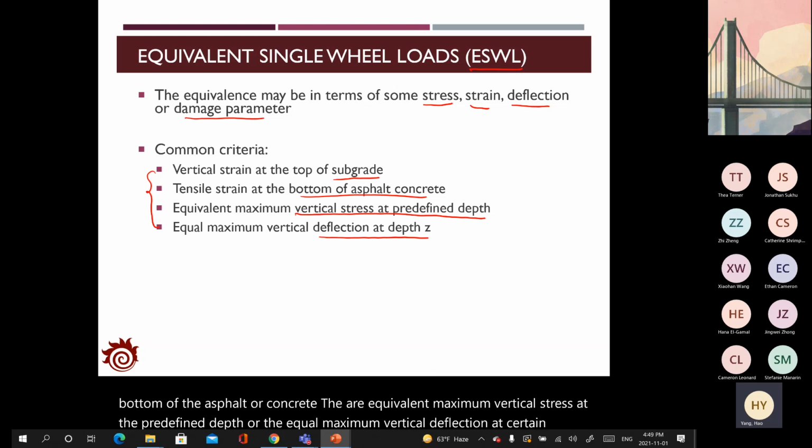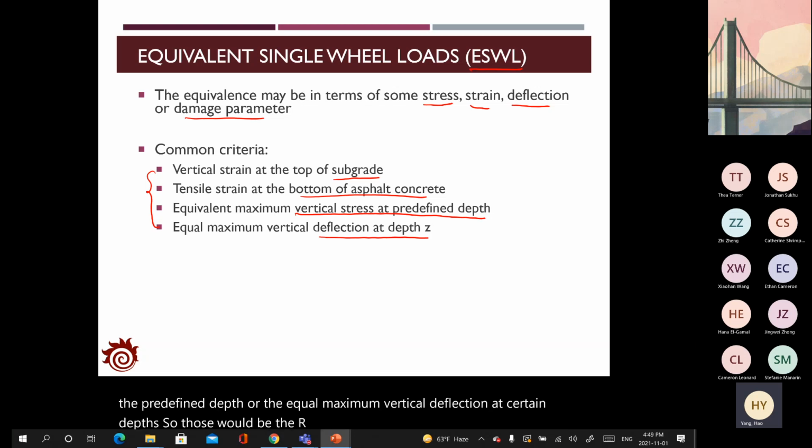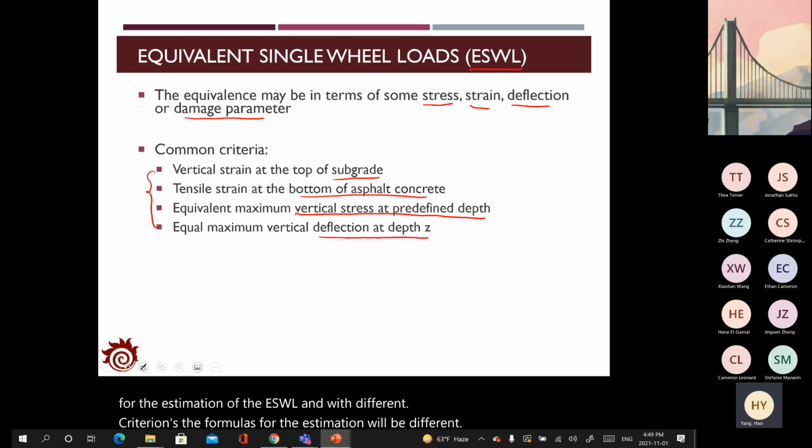Those are the four common criteria we're going to use for the estimation of the ESWL. And with different criteria, the formulas for the estimation will be different. Let's go through them one by one.